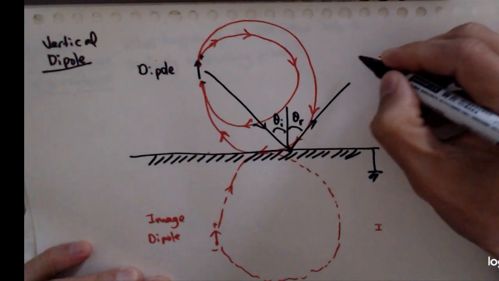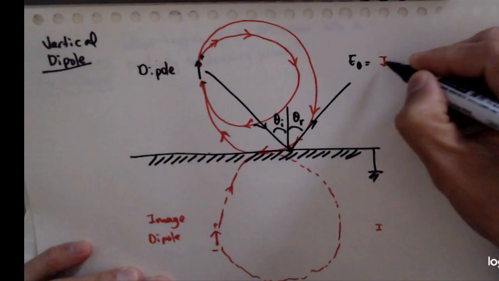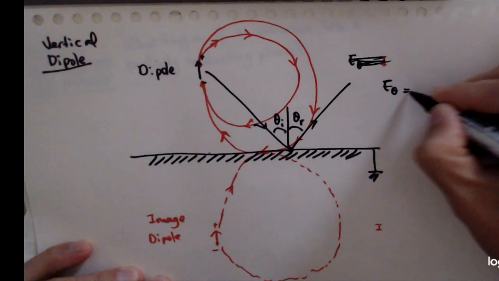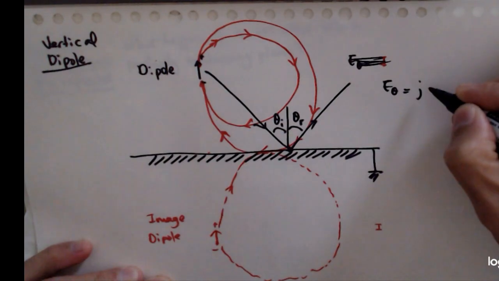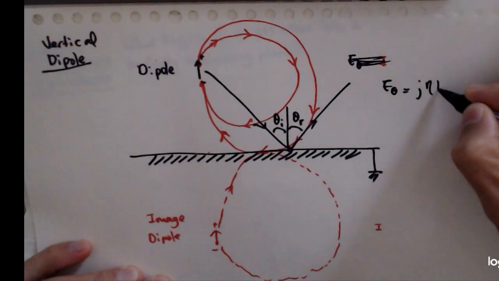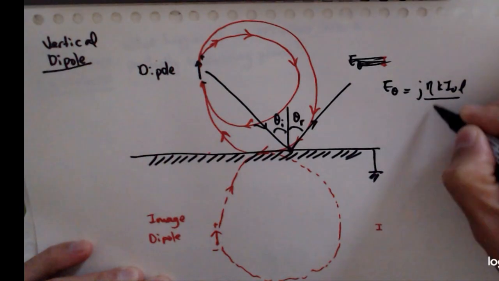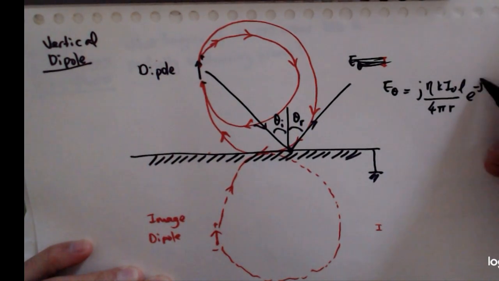So E theta will be equal to j eta k I naught L over 4 pi R, and then sine theta.